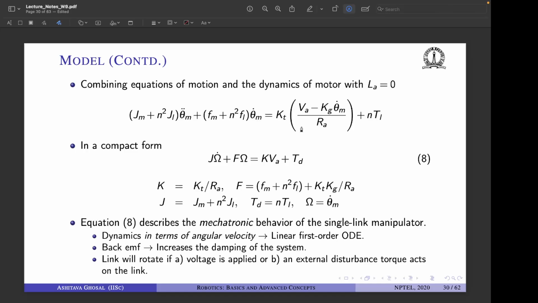After putting the value of Tm here, again the terms having theta m dot and the constant terms are collected.